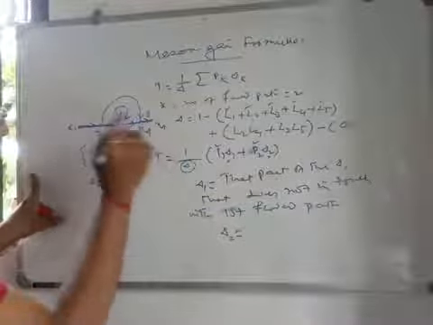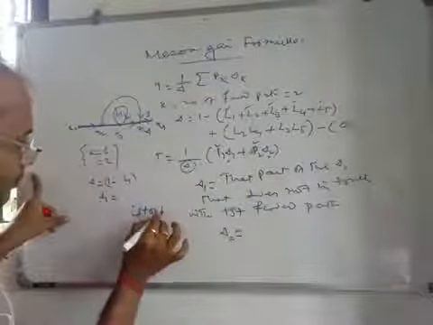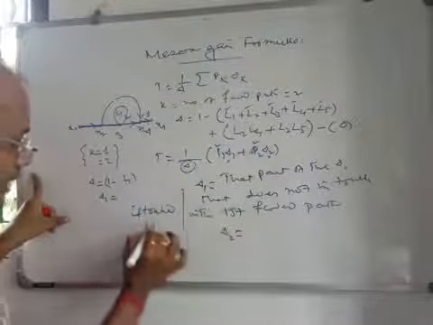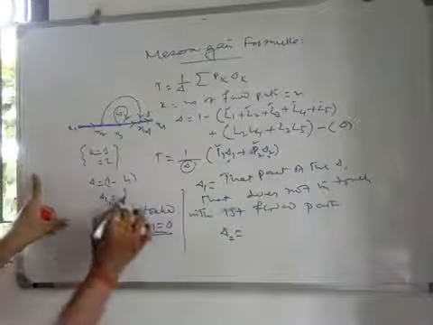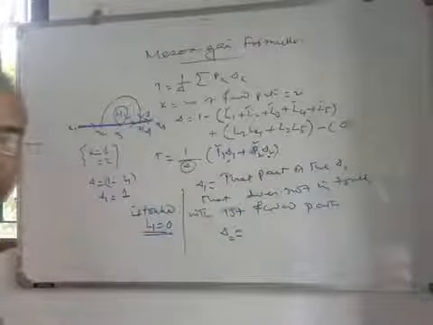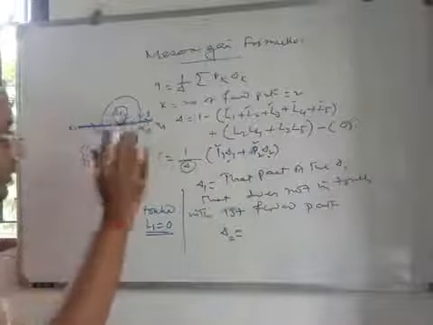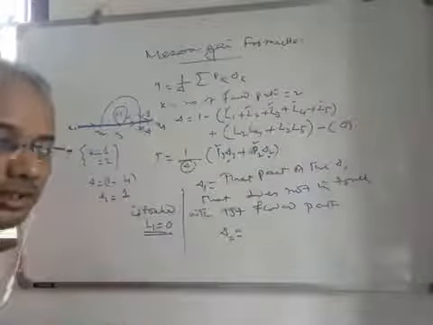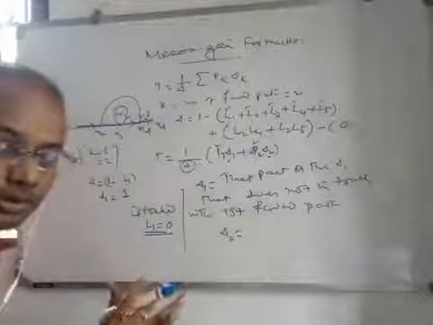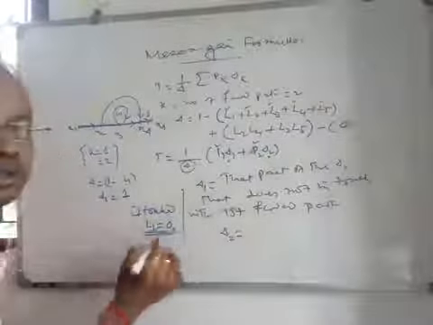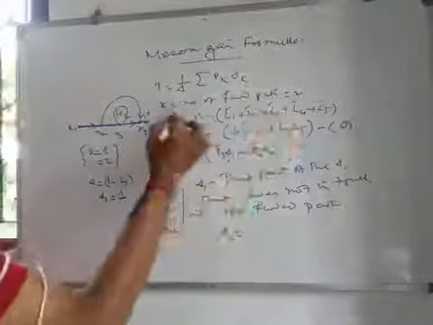If touched, then that loop gain will be 0. So delta 1 will be 1. Understood? This forward path is in touch with loop 1. If there are 4 loops, L1, L2, L3, L4, and this first forward path is touched with all the loops, that means all the loop gains will be 0. So you just put this value and find out the value of delta.